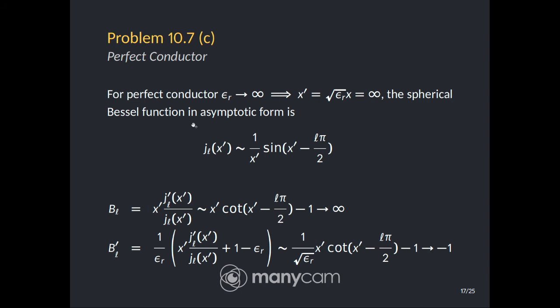With this asymptotic form, our BL and BL prime can also be written in asymptotic form. We find that BL goes to infinity and BL prime goes to minus 1.